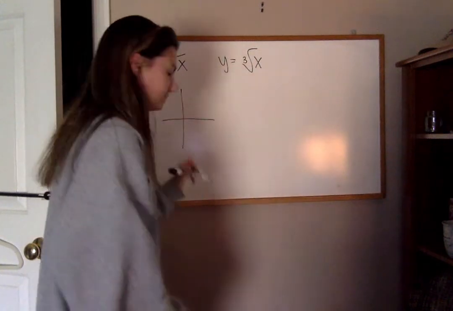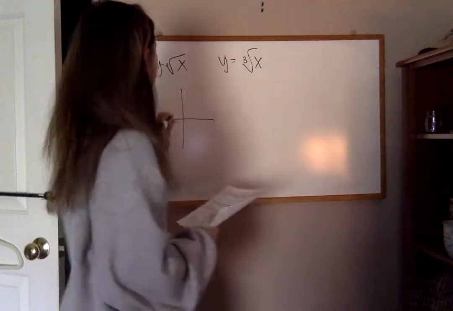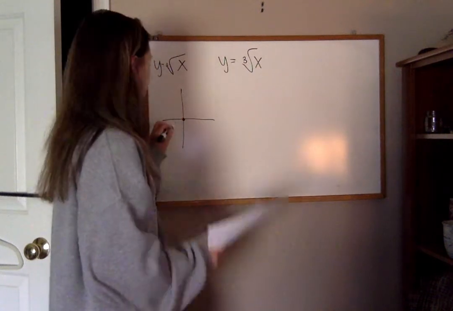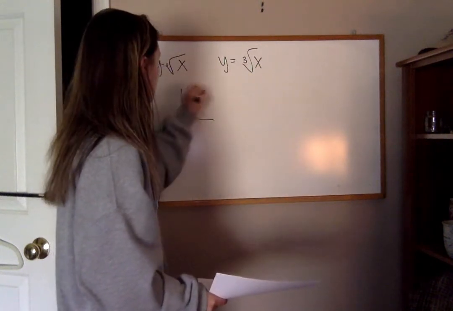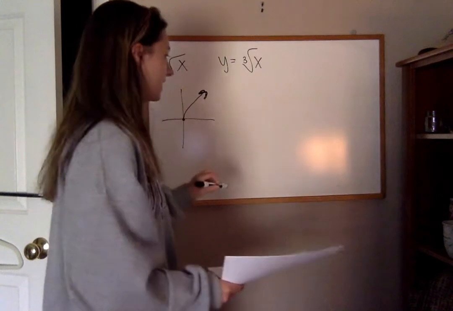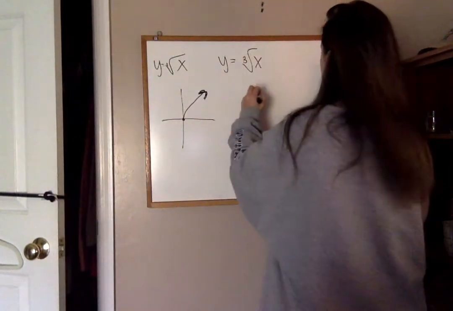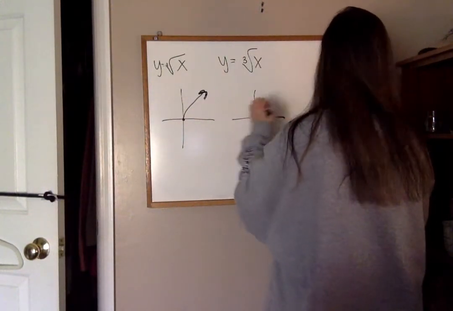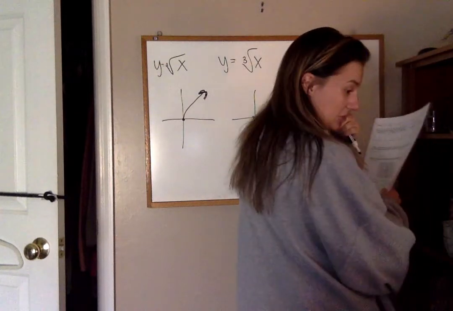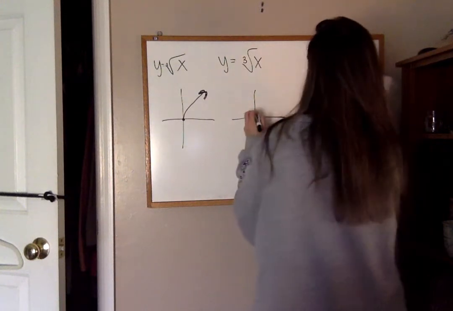So for this one, it starts here and it kind of does this arch kind of thing. While this one is hard to accurately draw. So I'm going to show you a picture that I have here.